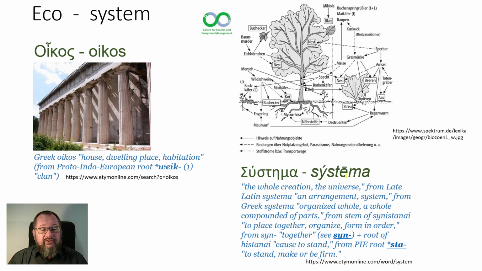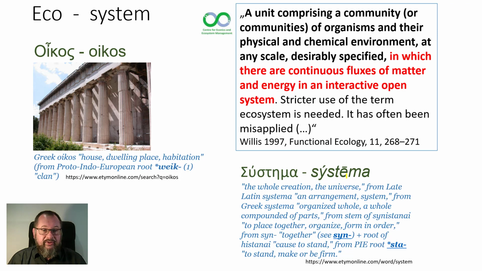The other component of the word ecosystem is eco, which goes back to oikos, and that is the house, the dwelling place, an old Proto-Indo-European word actually, and which refers to the husbanding capacities of these systems. So by interacting all the different component parts of the ecosystem, the species, individuals, and also the populations and the genes, and so on and so forth.